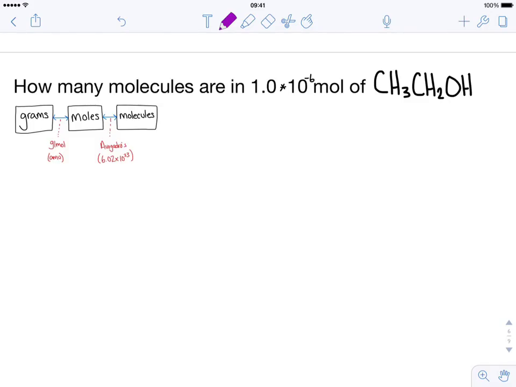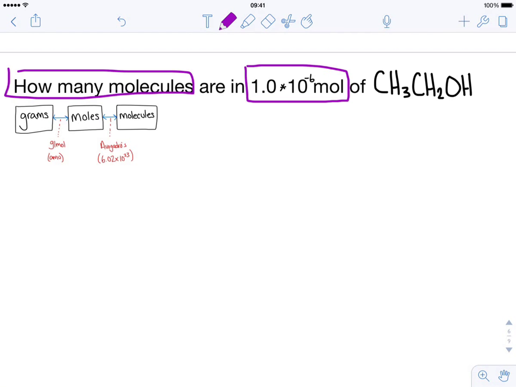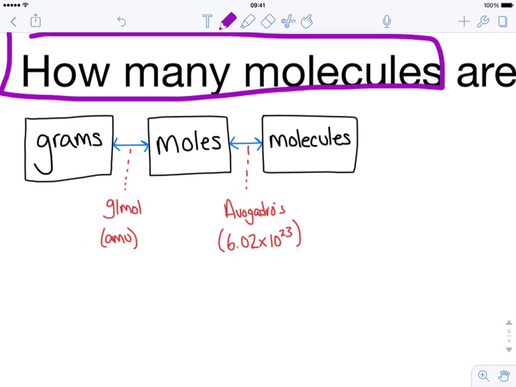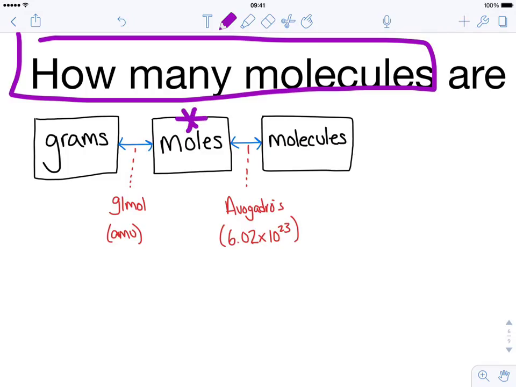What are we being asked to find? So the question is asking us how many molecules. We are given 1.0 times 10 to the negative 6 moles. So this question is giving me moles and asking me to find molecules. So in our roadmap here, we're given moles and we're asked to find molecules.